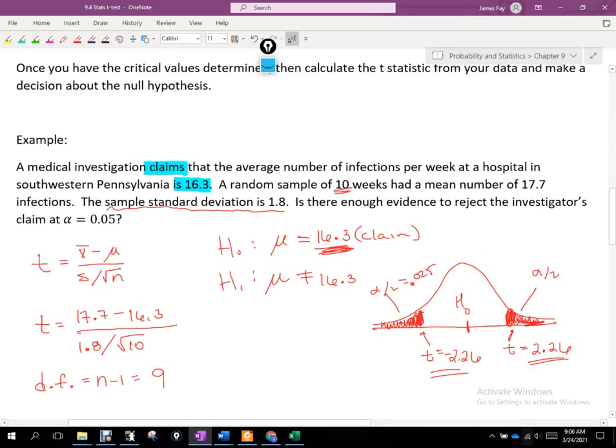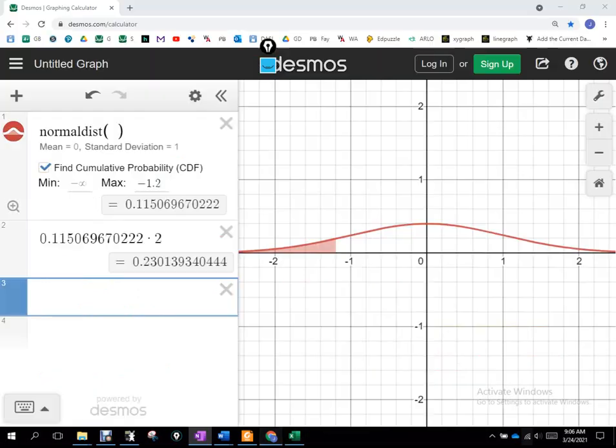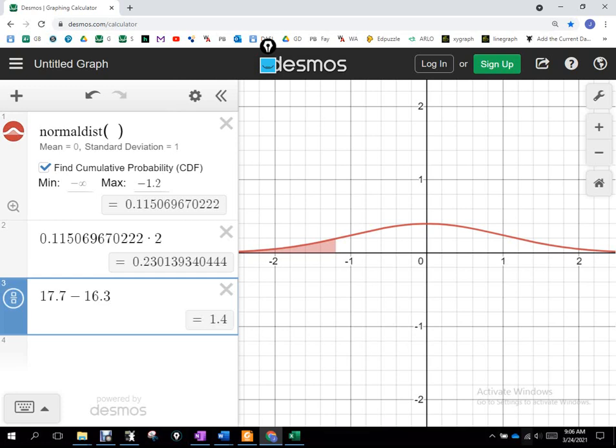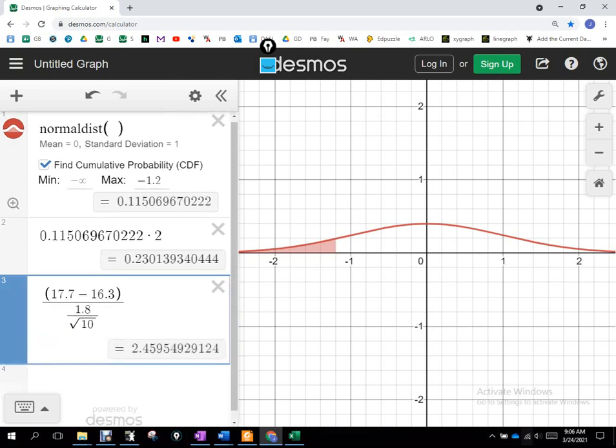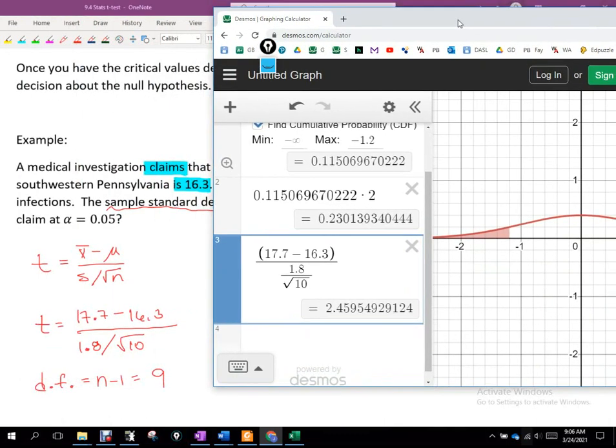So we'll run the calculation on those numbers. So 17.7 minus 16.3, divided by 1.8 over the square root of 10. Make sure I got all those right: 17.7, 16.3, 1.8, 10.